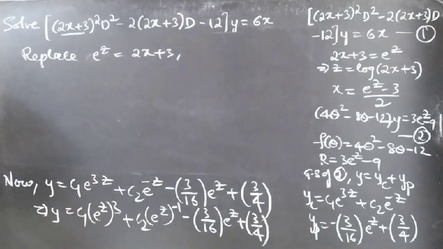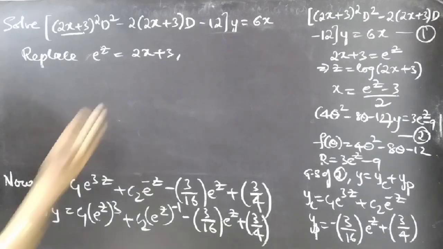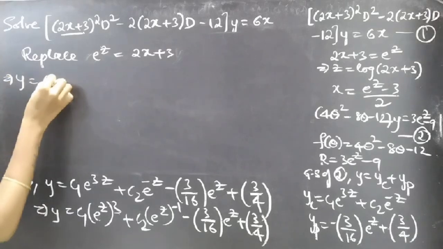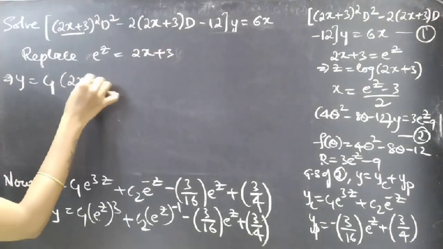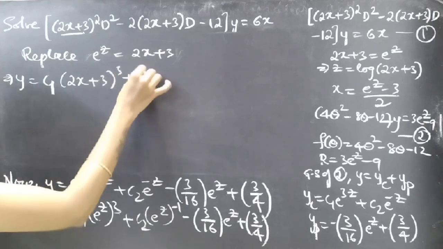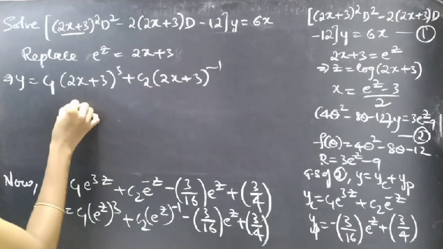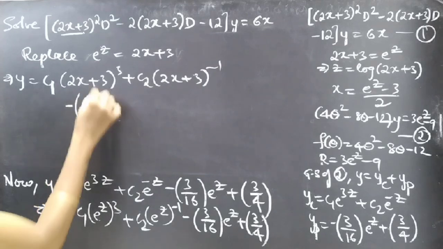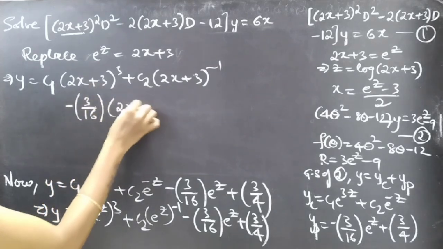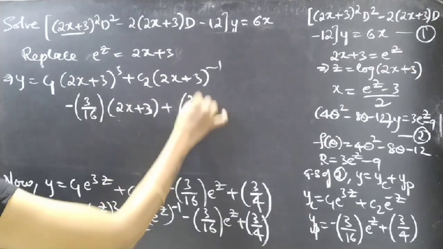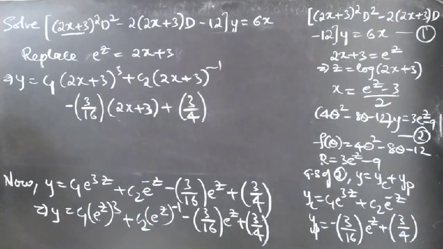Here we don't have any z, right? We just have e power z. So just replace e power z by 2x plus 3. Then this becomes y equals c1 into 2x plus 3 whole cube plus c2 into 2x plus 3 power minus 1, minus 3 by 16 into 2x plus 3, plus 3 by 4, which is an equation in terms of x, right?